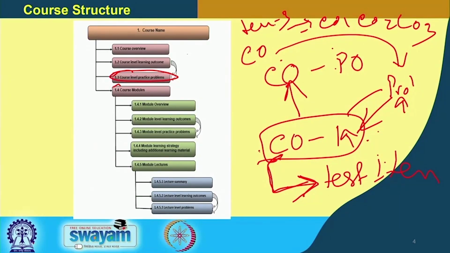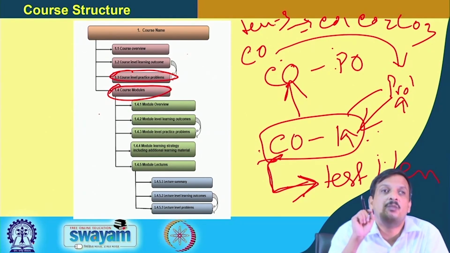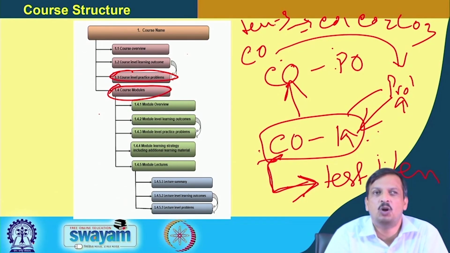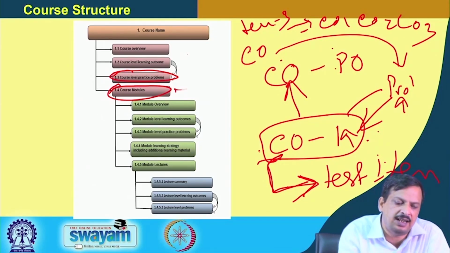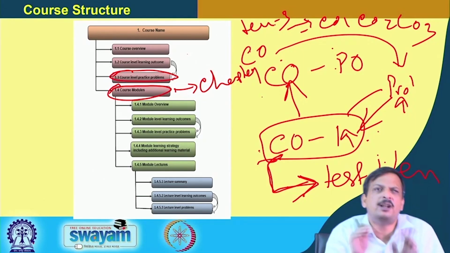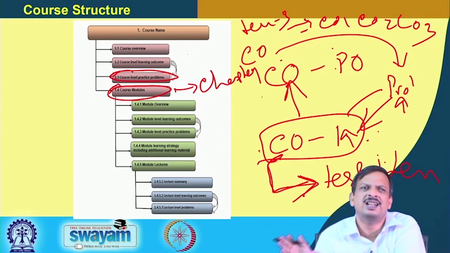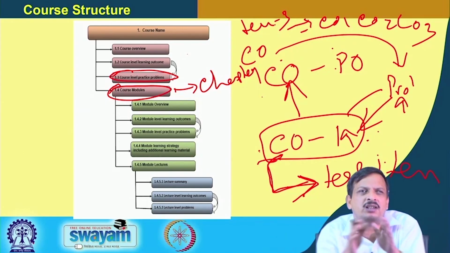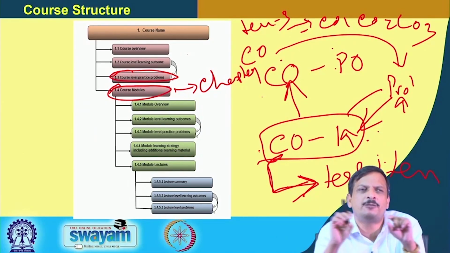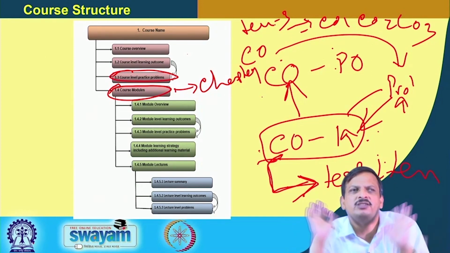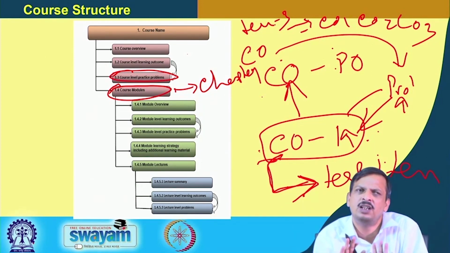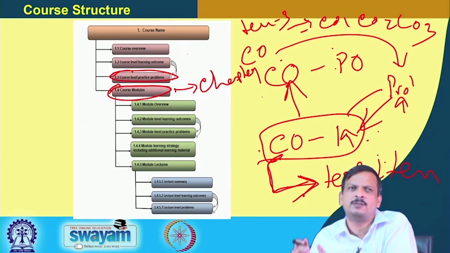Okay. Then course module, a course consists of several modules. Module means chapter, different kinds of chapters: chapter 1, chapter 2, chapter 3. Let us think about a course on digital communication, the first chapter is analog to digital conversion. Then the next chapter, then the next chapter.